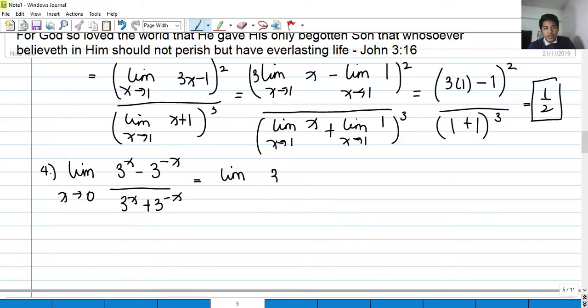I can bring this down by negating and getting the reciprocal of this. So we have 1 over 3 raised to x, by properties of exponent. As x approaches 0, we have 3 raised to x minus 1 over 3 raised to x.